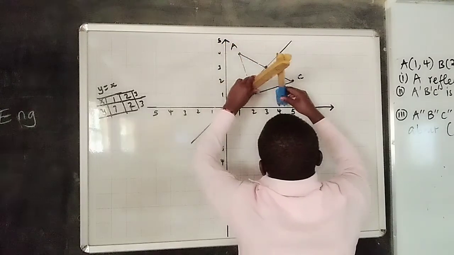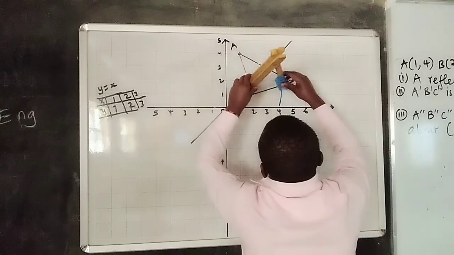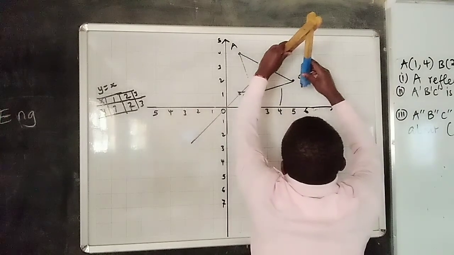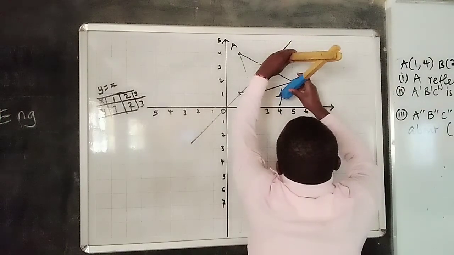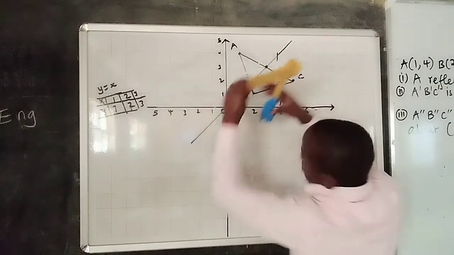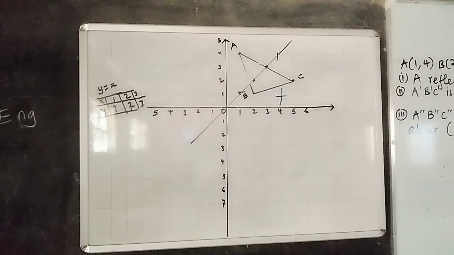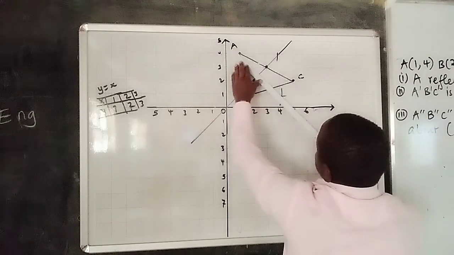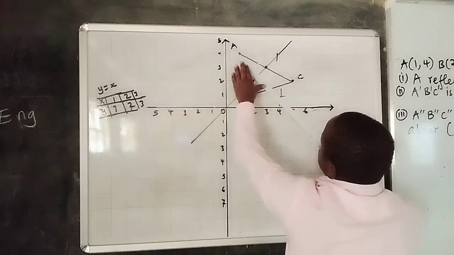Stand here, make an arc, and standing here, cut the arc. Therefore, from A, this is a perpendicular to the mirror line.